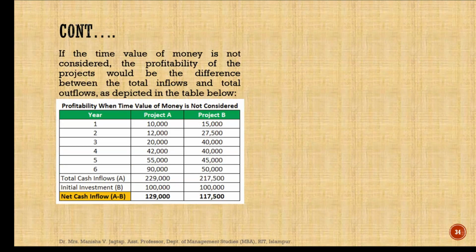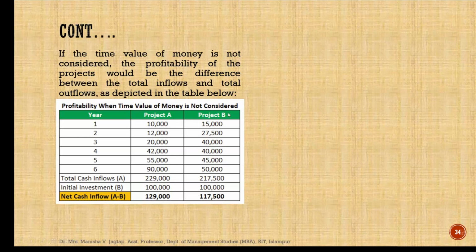Now first we will see, without using time value of money, what is the profitability of project A and project B. So here you can see a table which gives us information concerned with profitability when time value of money is not considered. If you observe the figures given, this is the information given in the example concerned with project A, cash inflow for all the 6 years is written.